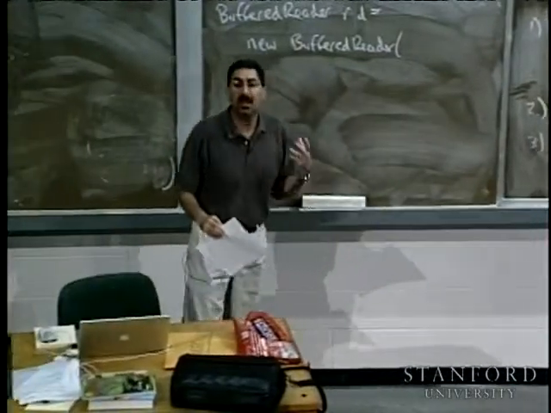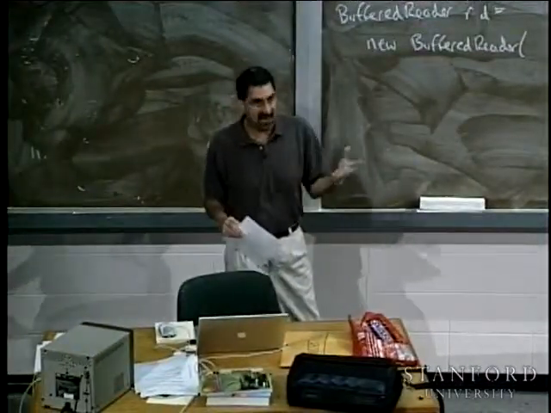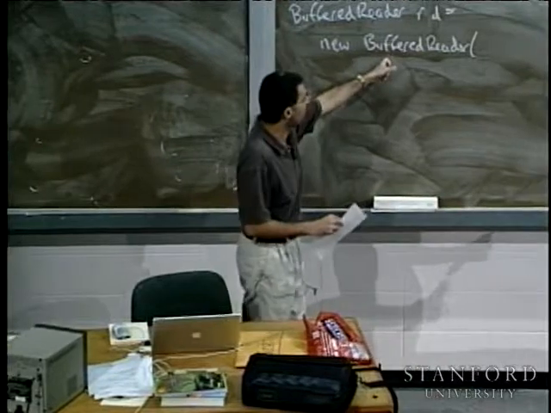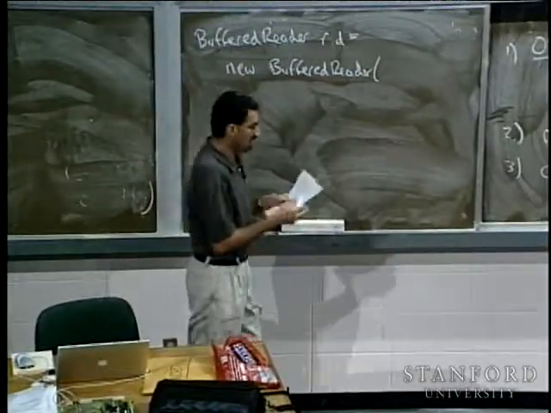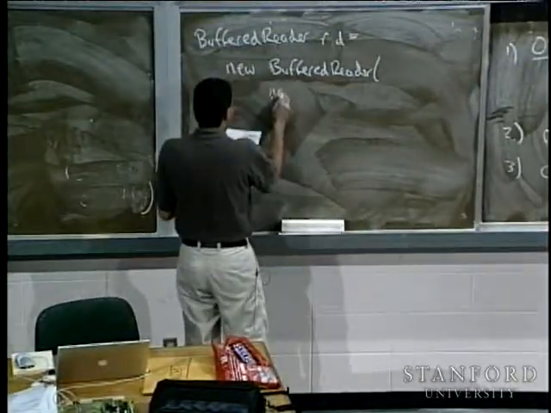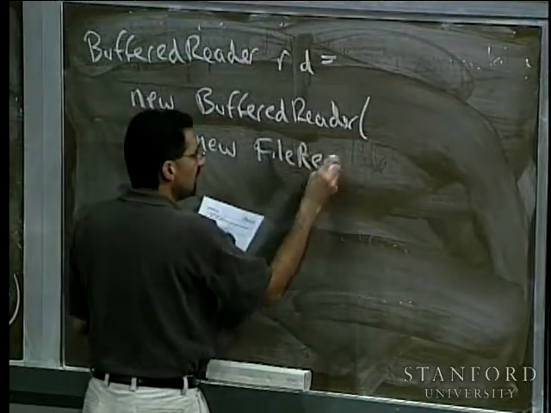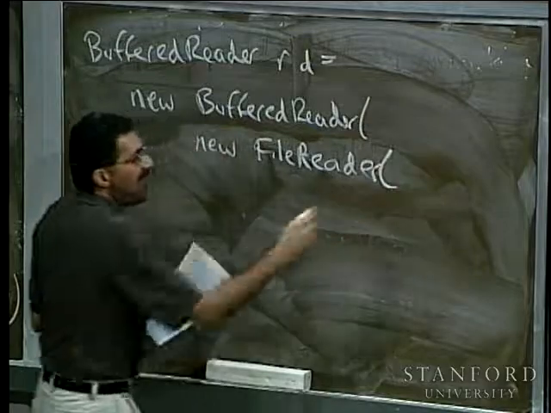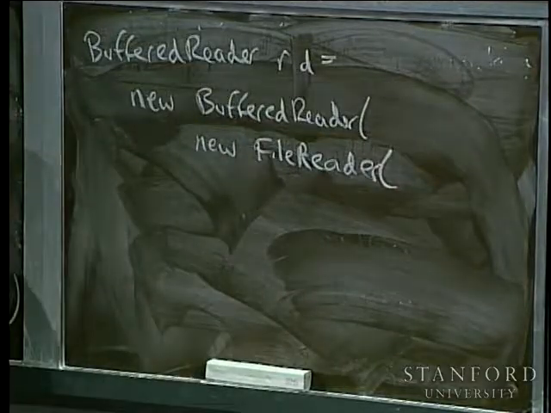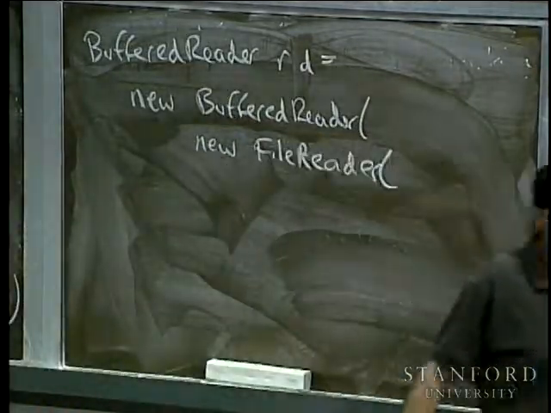So here's the idiom for how I create it. And the idiom is just sort of the pattern you'll always see in programs. I say new BufferedReader, and the parameter that I pass to a new BufferedReader is a new FileReader. Uppercase R, new FileReader. And the parameter that I give to new FileReader is the name of the file on the disk.